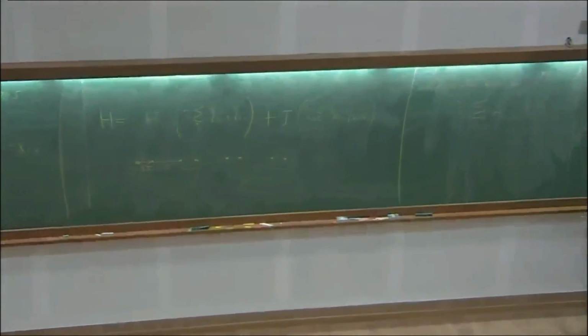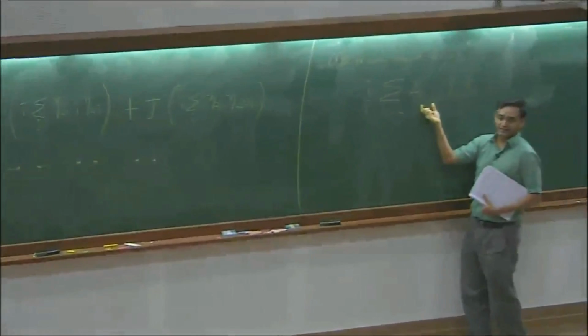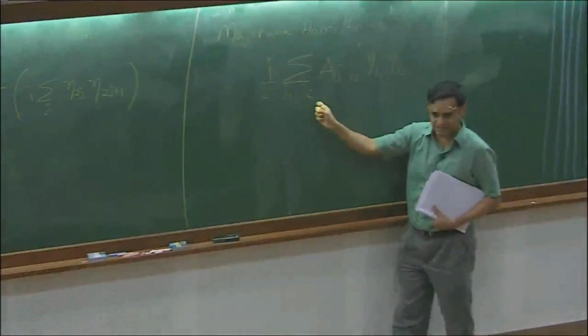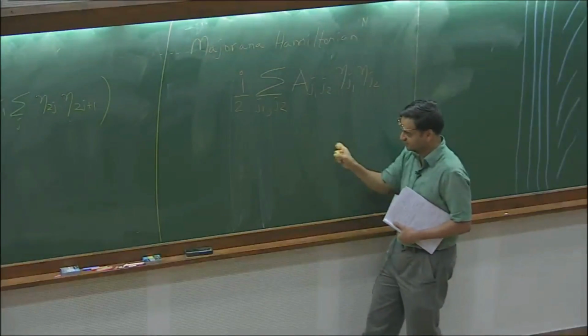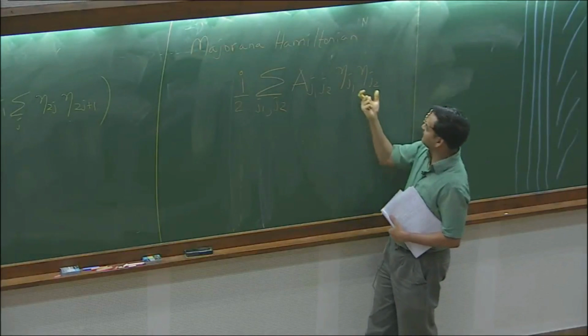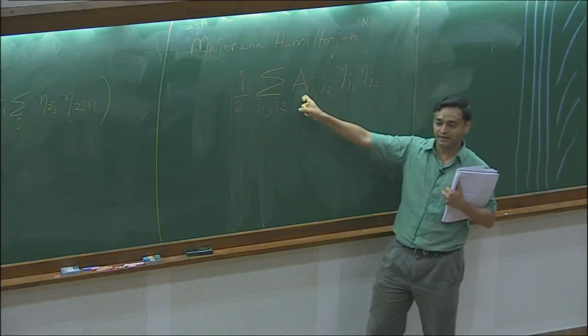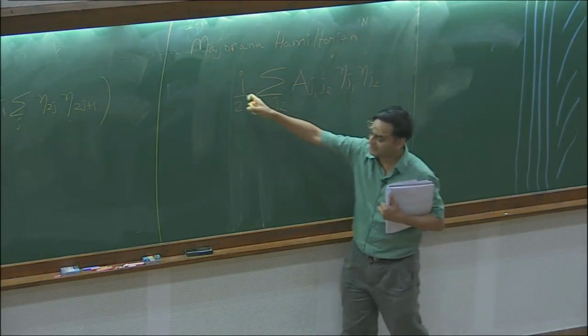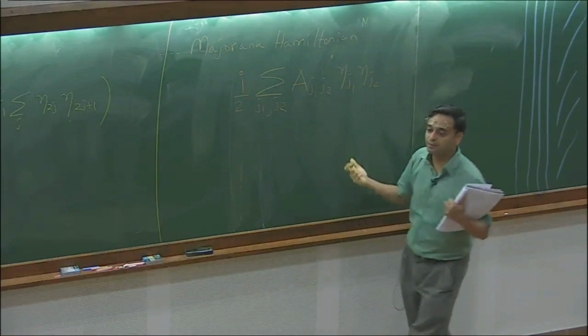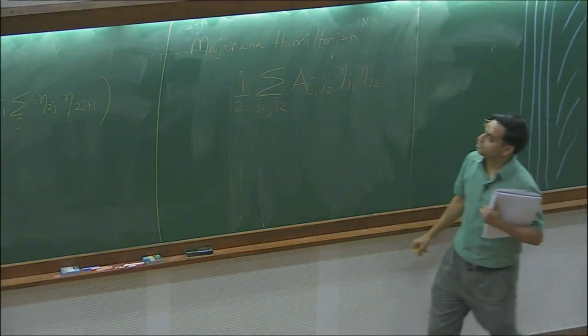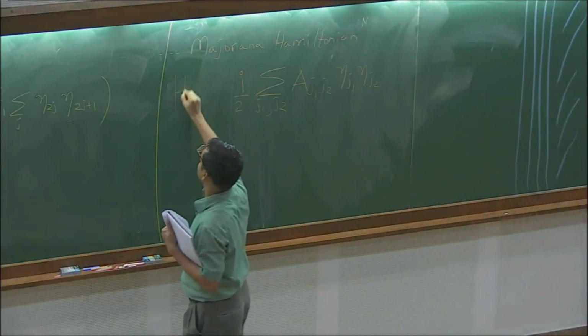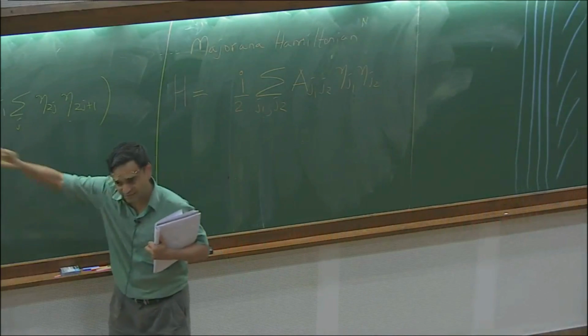So why does the matrix have to be anti-symmetric? Remember I'm summing over j1 and j2. So for every j1, j2, there's a j2, j1. And these anti-commute. So if I don't want to get 0, this must also be anti-symmetric. Why do I need an i? Because that's the only way it becomes Hermitian.